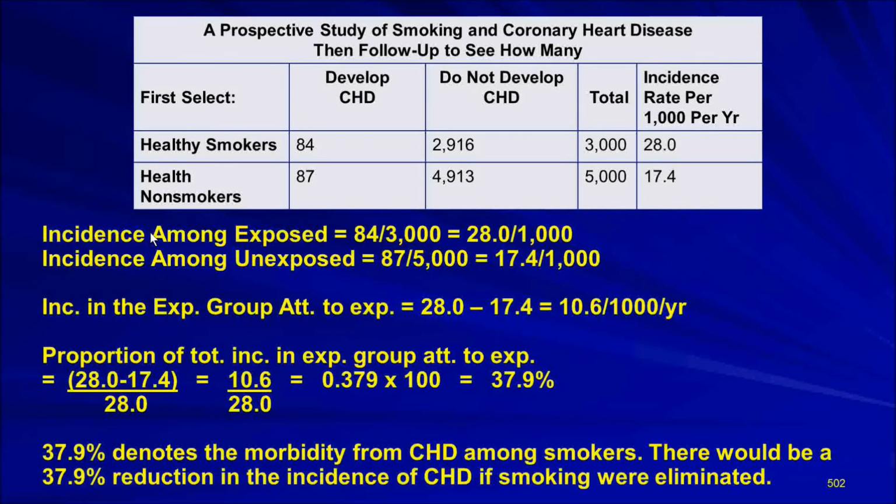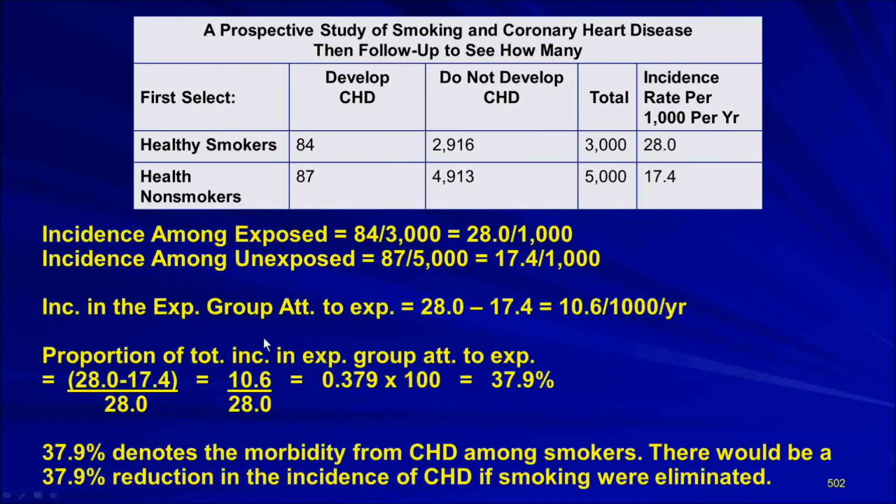So we want to know the incidence rate or the absolute risk in the exposed group attributed to the exposure of smoking. So what we do is we just subtract the absolute risk among healthy non-smokers from the absolute risk among healthy smokers, and it's 10.6 per thousand per year.